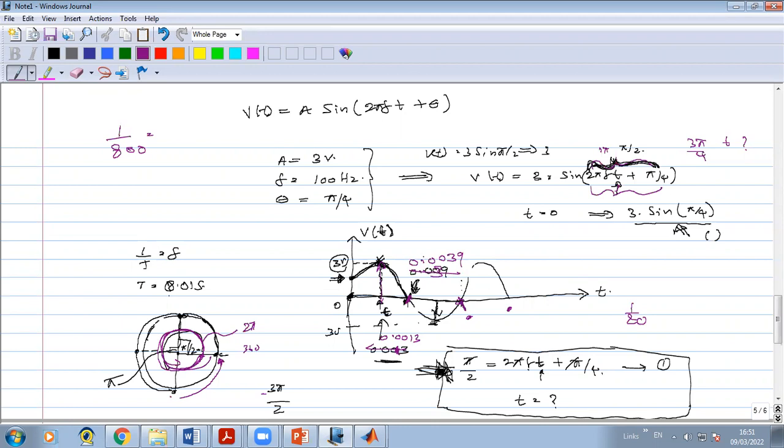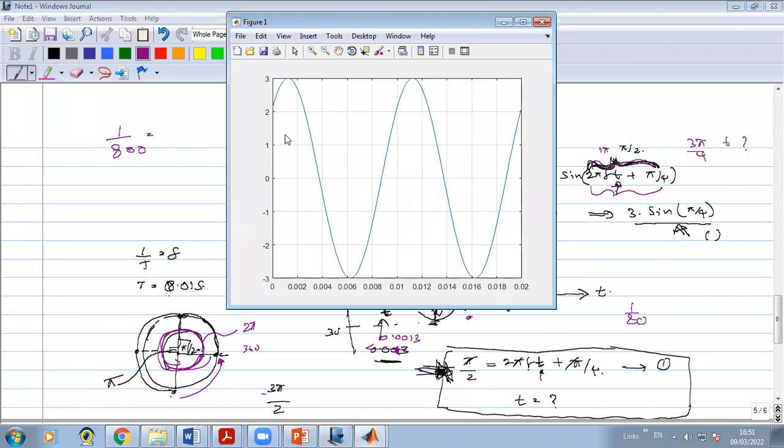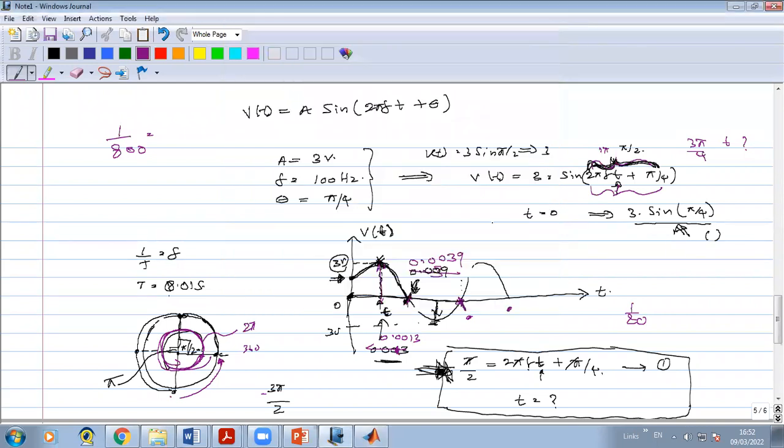So let's take this point. You can see that it is correct, no? 0.0013, that means it is less than 0.2. And this point is not this point actually, this is the 0 point. It should be 0.0039, that is less than 4. So I think these values are correct.